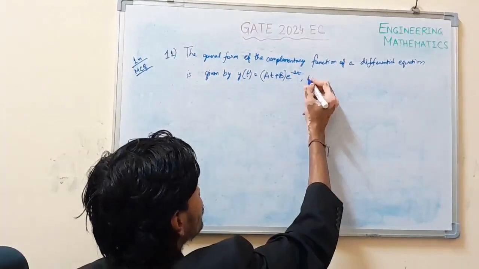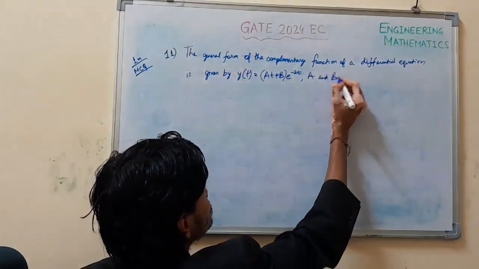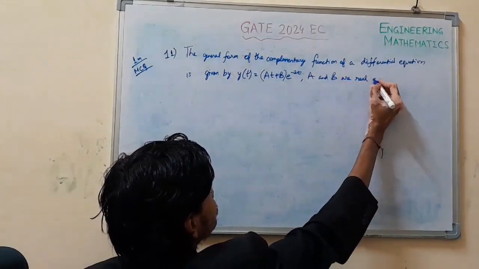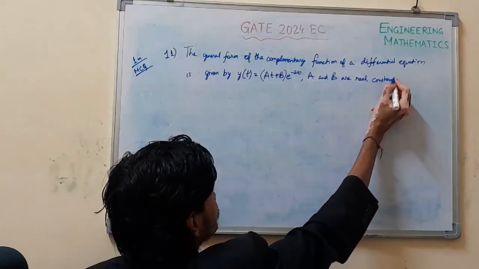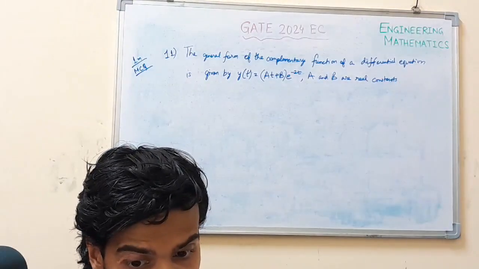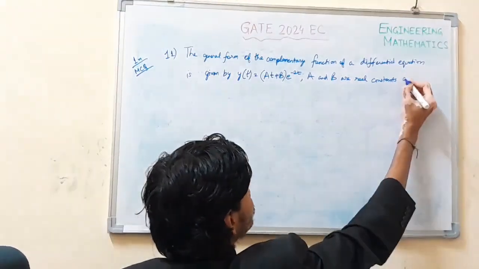A and b are real constants determined by the initial condition.